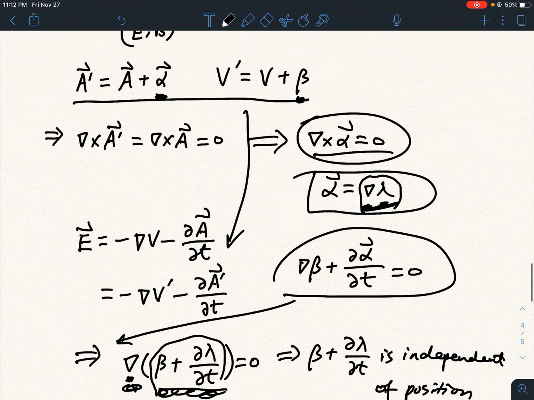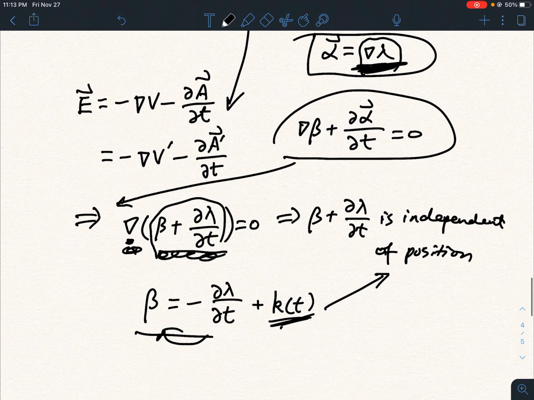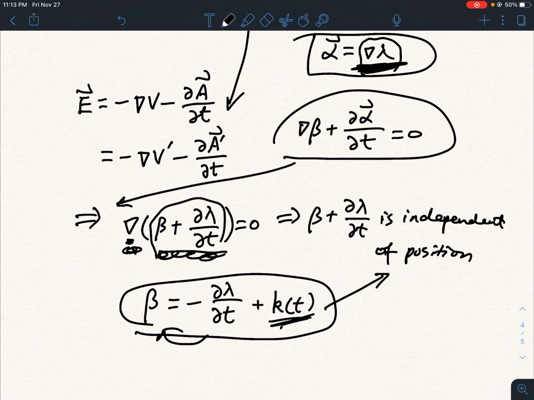It really means that we cannot choose any function or any vector of alpha. It has to be the gradient of a scalar function, and we cannot choose any function of beta, and this beta has to satisfy this condition. So that is what we have.